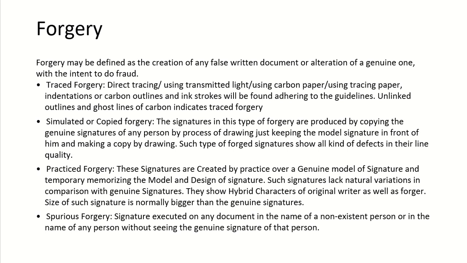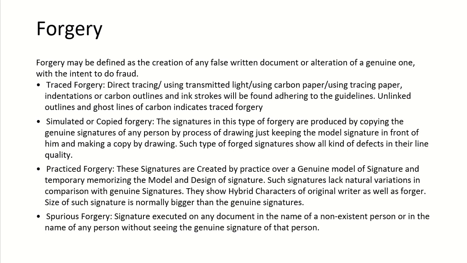Next is simulated or copied forgery, in which someone is copying someone else's signature, keeping the model signature or model handwriting in front of him. This type of forgery is detected as it has all kinds of defects in line quality.